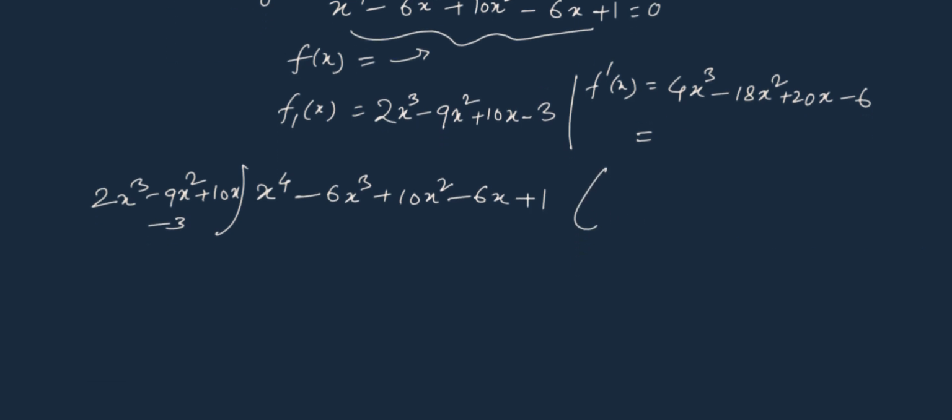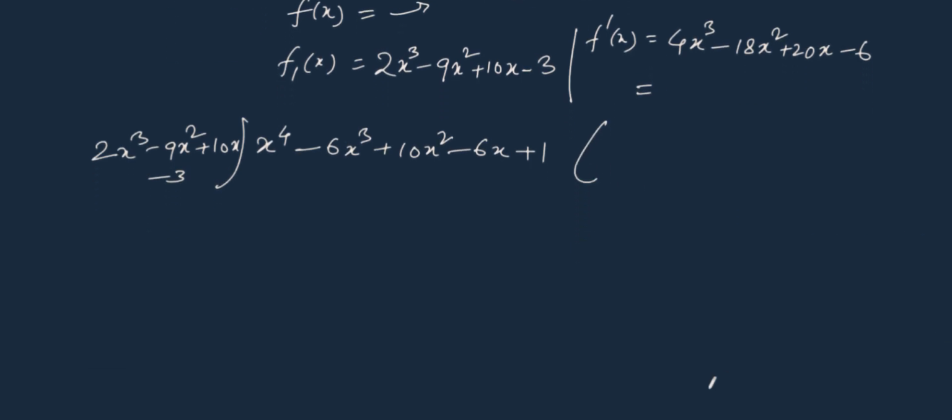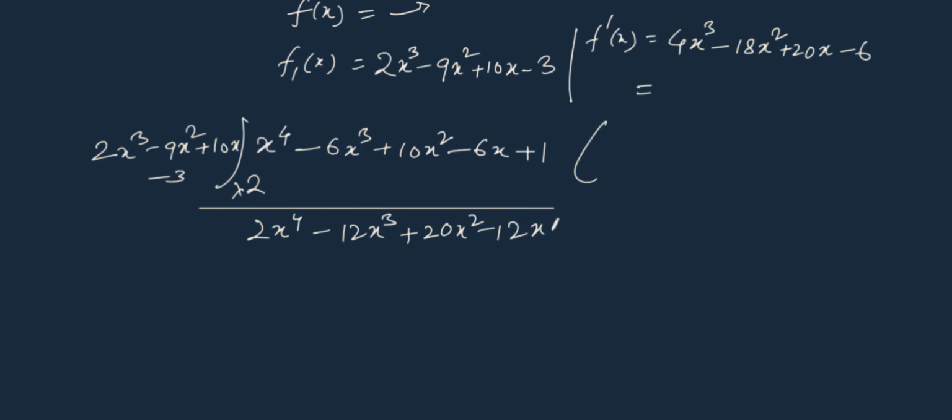So we are finding GCD with the modification that the sign of the next divisor will be changed, and also the last remainder will be changed. So just multiply by 2, we'll get 2x to the power 4 minus 12x cube plus 20x square minus 12x plus 2.